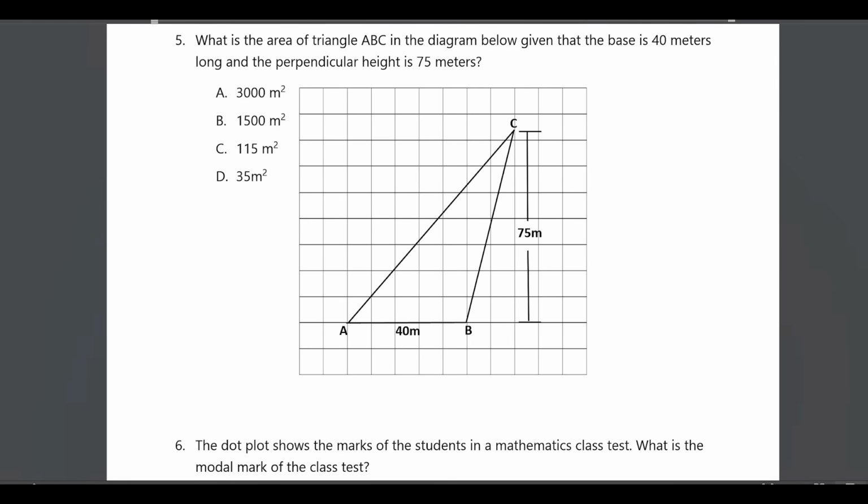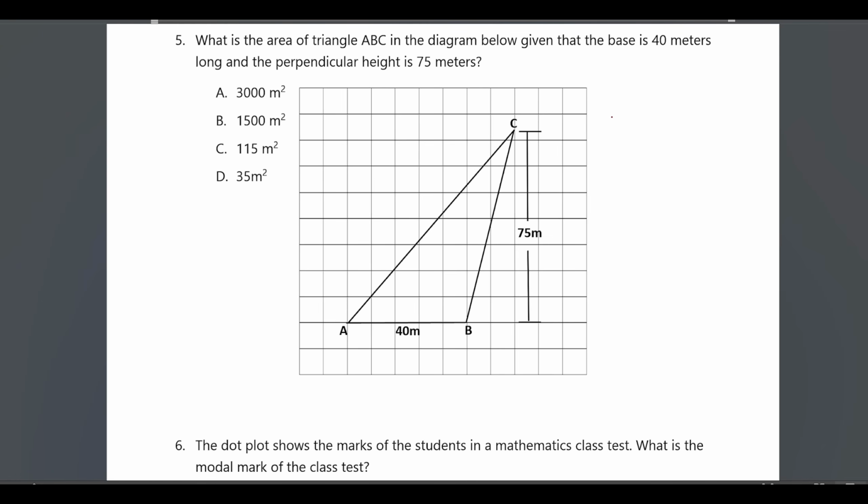Question 5. What is the area of triangle ABC in the diagram below, given that the base is 40 meters long and the perpendicular height is 75 meters? So the base length is 40 meters and the perpendicular height is 75 meters. We are looking for the area of triangle ABC.